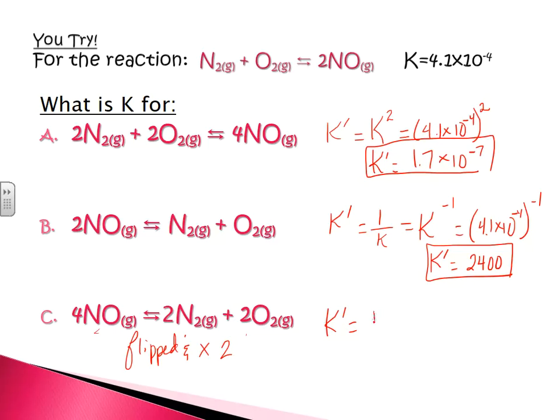We're going to take 1 over the original K, and then raise it to the second power. Now remember, we've already done the 1 over the original K here, 2400, and so we just need to take that and square it. So that means the new K, K prime, is going to be equal to 5.9 times 10 to the 6 power.